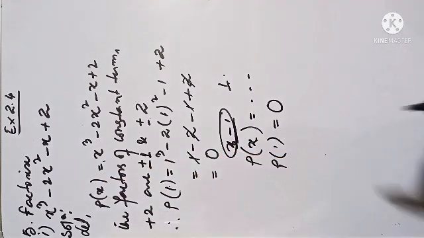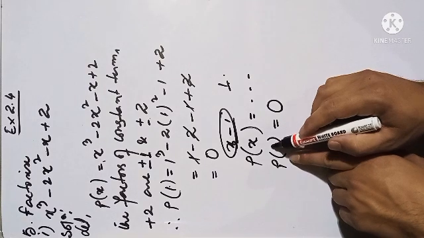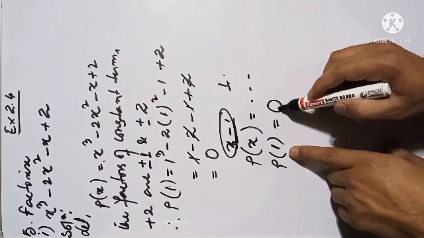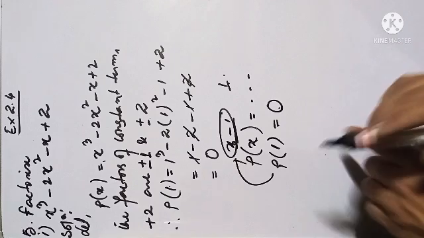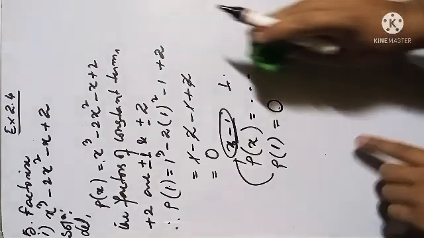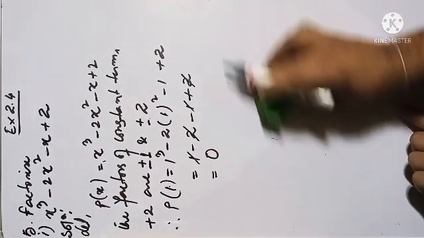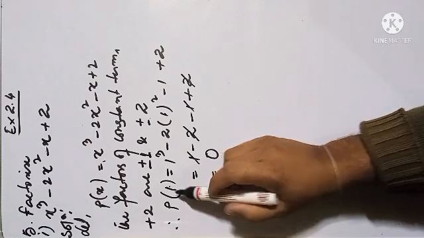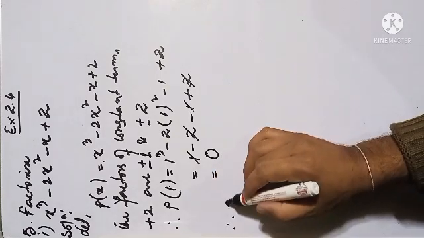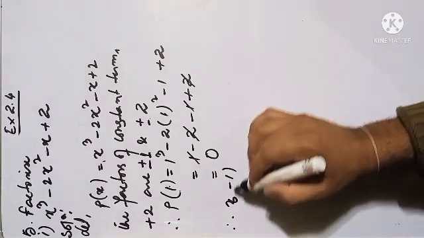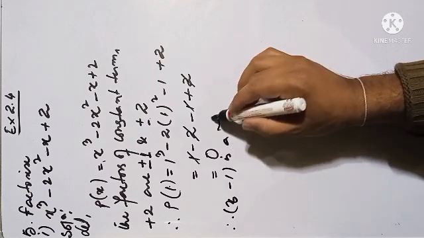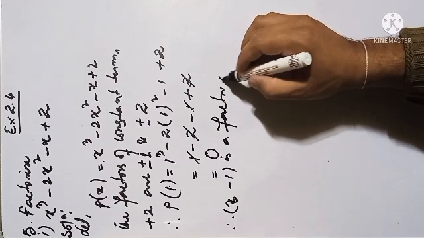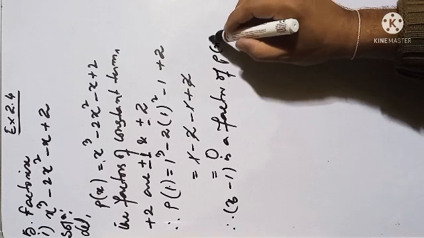What does it mean? Just reverse only. When it is p of 1 equal to 0, x minus 1 is a factor. Similarly, here also I can write, this is actually positive. So therefore, x minus 1 is a factor of p of x.